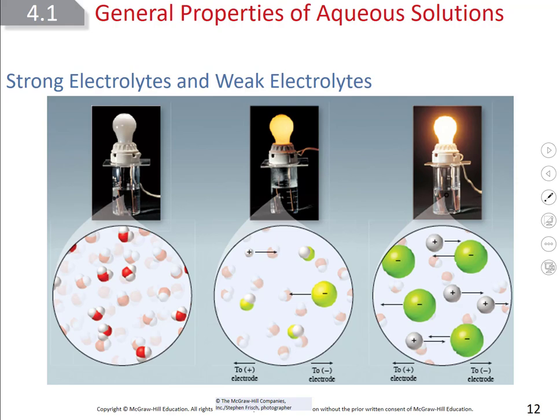More likely, you're going to be swimming in a swimming pool. So swimming pools are not pure distilled water. What do we intentionally add to swimming pools? Chlorine, right, to keep it from growing green algae and bacteria that are going to go into our ears and make us sick. So that chlorine, when we put it in, is going to make lots of chloride ions, which are going to be electrolytes and conduct electricity.